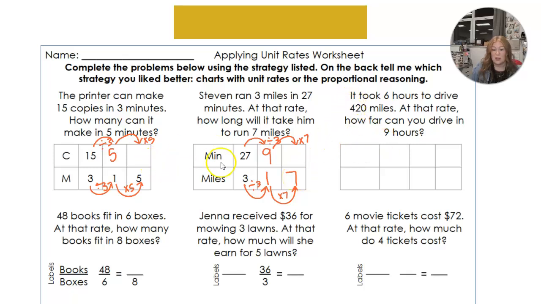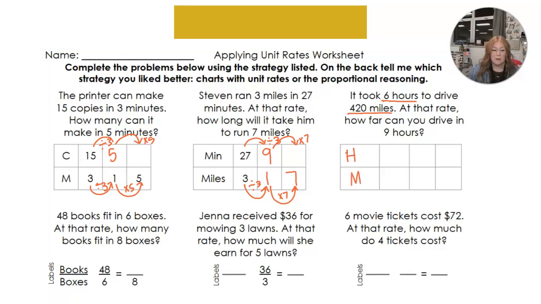Okay, our last unit rate strategy says it took 6 hours to drive 420 miles. At that rate, how far can you drive in 9 hours? So looking here, we have 6 hours and 420 miles. That's how we need to start our chart. So we need to start with labels. So we can see we have hours and we have miles.